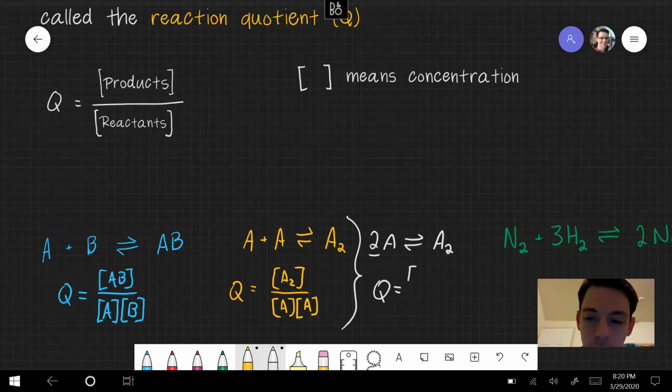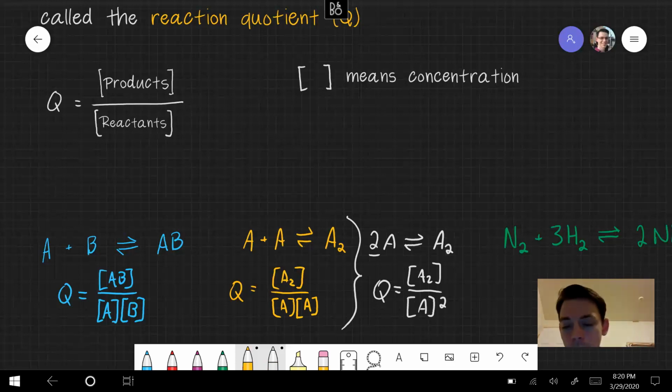We got A2 over A squared. Just want you to note 2A as a reactant ends up being A squared in my Q expression, not 2A. Okay, so coefficients from the reaction become exponents in the Q expression.